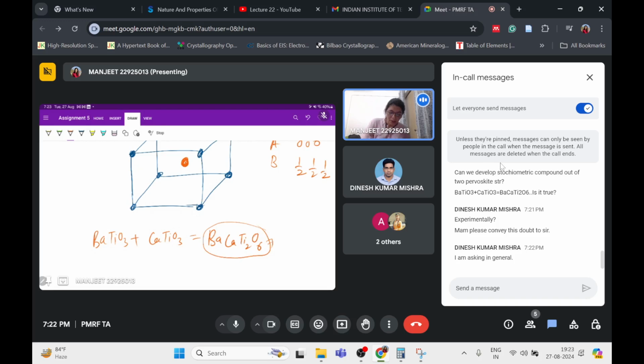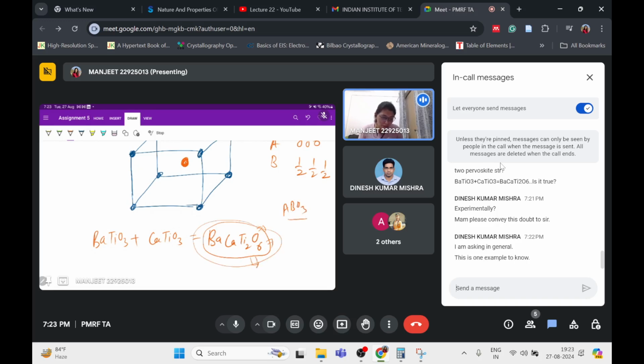The perovskite has the structure ABO3, and what you are asking is not in terms of ABO3. It should be something with A and B giving the total one, and it should be the titanium element and O3.